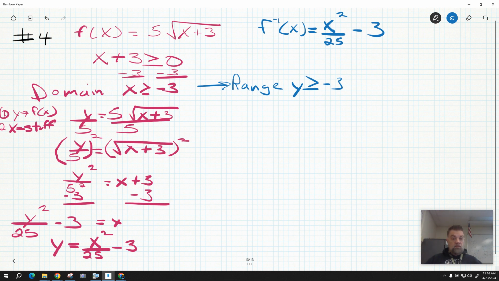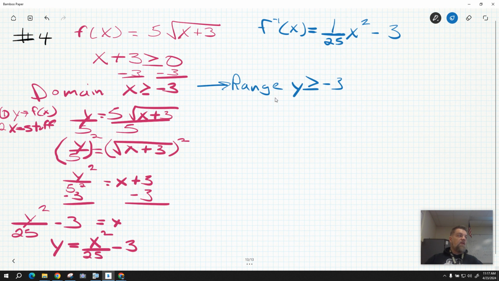Okay. Now, in your textbook, they actually write it a little different. Isn't this the same 1 over 25 times x squared minus 3? So that's kind of how they write it.